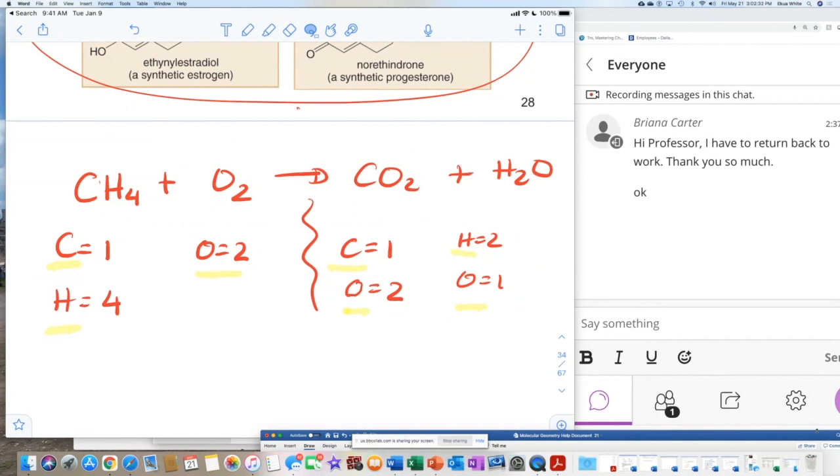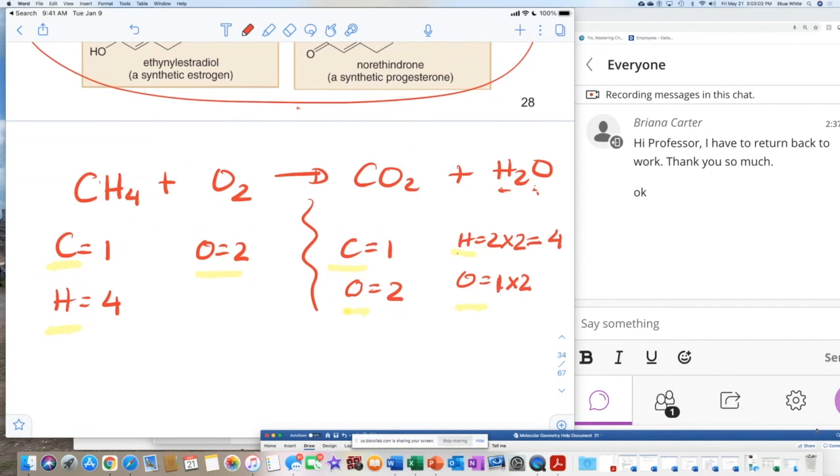I want to make the hydrogen on the right match the hydrogen on the left. The hydrogen on the right has 2, the one on the left has 4. So I'm going to put times 2 to make this equal to the one on the left, 4. Now the hydrogen is balanced, but the hydrogen is in the same compound as this oxygen. So if I double the hydrogen, I also have to double the oxygen.